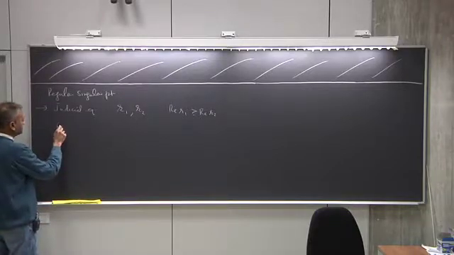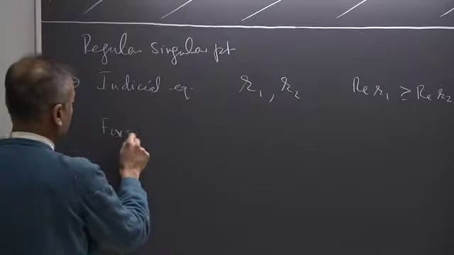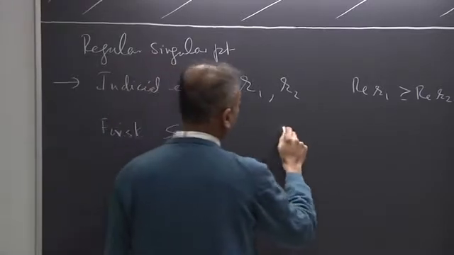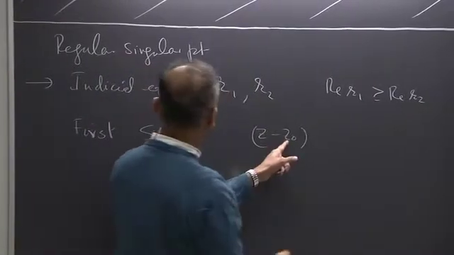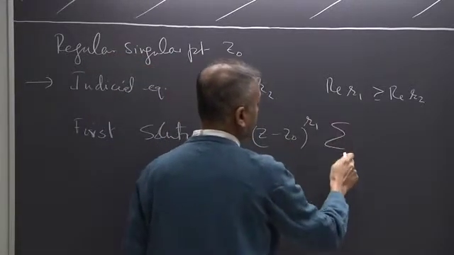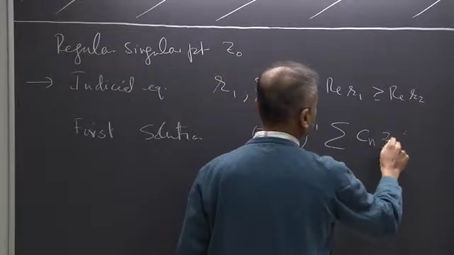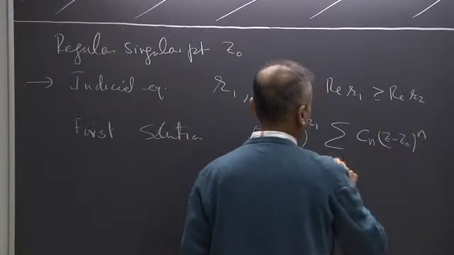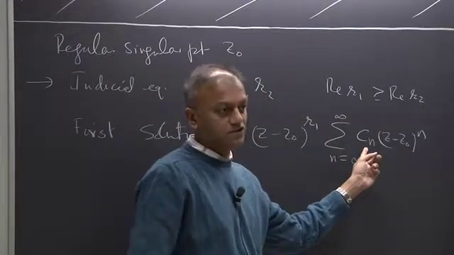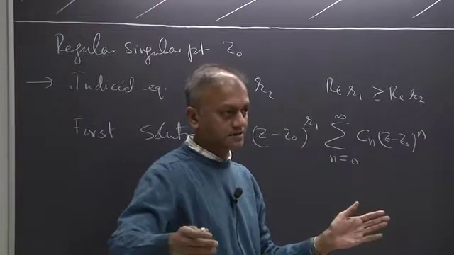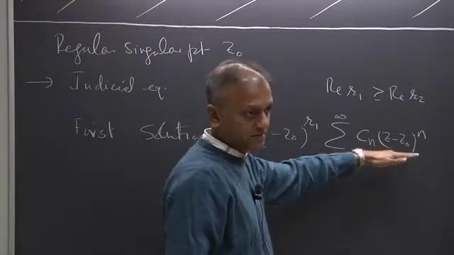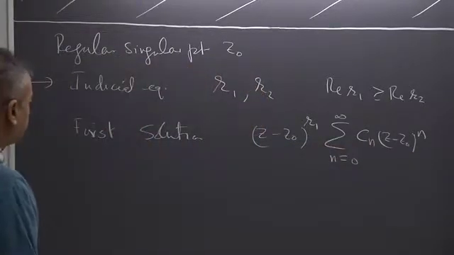The first solution corresponding to R1 is of the form (Z minus Z0) to the power of R1, where Z0 is the regular singular point, times a series expansion where n goes from 0 to infinity. And these Cn's are determined uniquely in terms of C0 by the recursion relations, right? So that is one thing. And we also saw that this is convergent, etc. In fact, uniformly convergent within some radius.